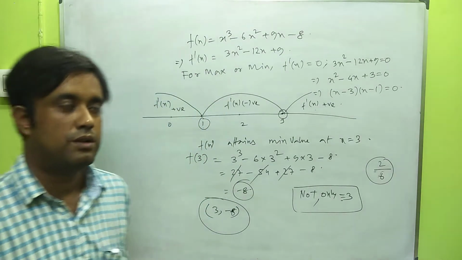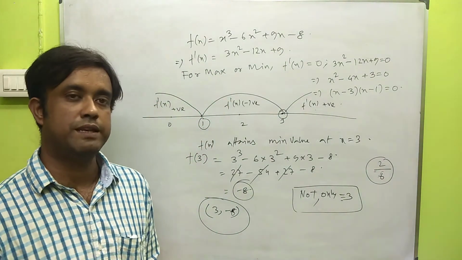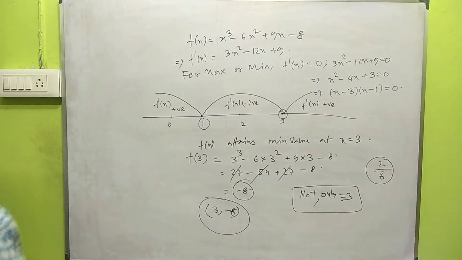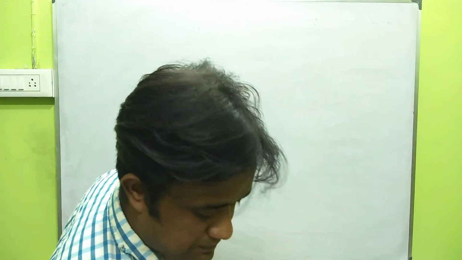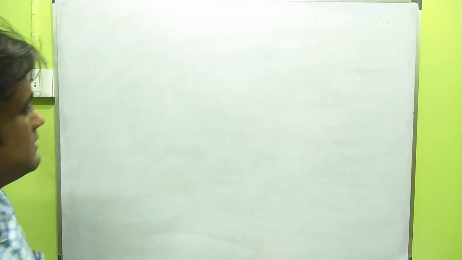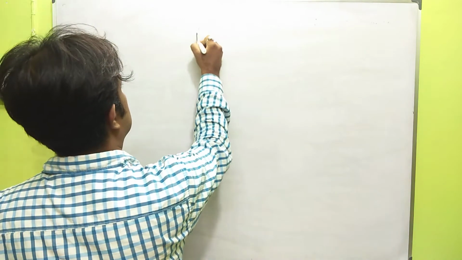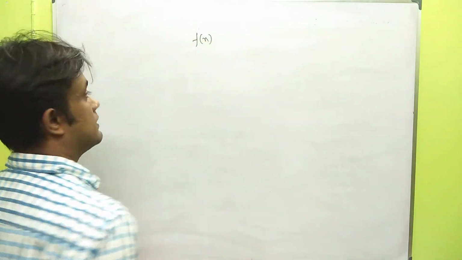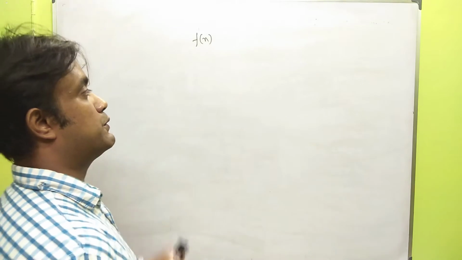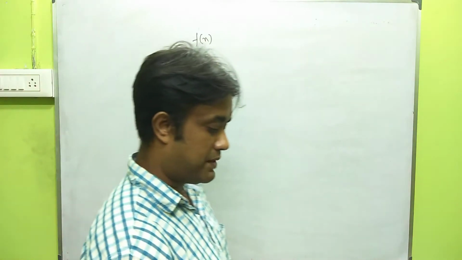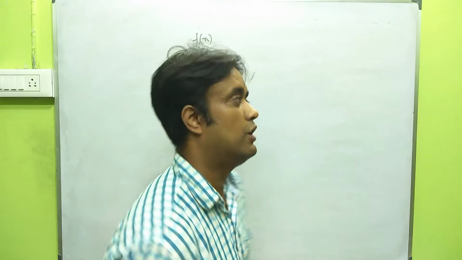So in the next sum we explain the second order derivative test. We are going to discuss second order derivative and maxima minima. Suppose f(x) is a function. We have to find the maximum value or minimum value of this function.